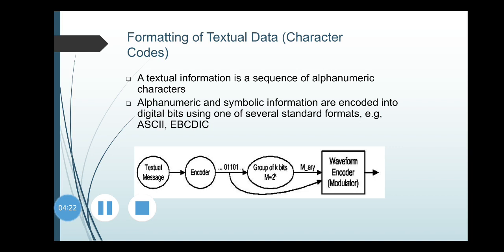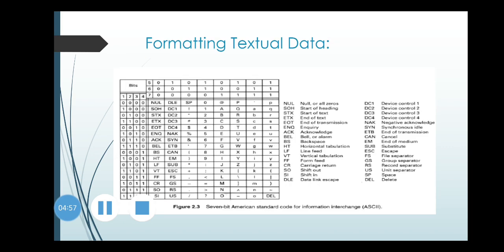Let us assume that the group of k bits gives M equal to 2 power k, where k is the number of bits of zeros and ones used for that particular alphanumeric value or symbol. Then that group of bits we call M-ary, and it is fed as an input to the waveform encoder or a PCM waveform modulator and transmitted via the channel.